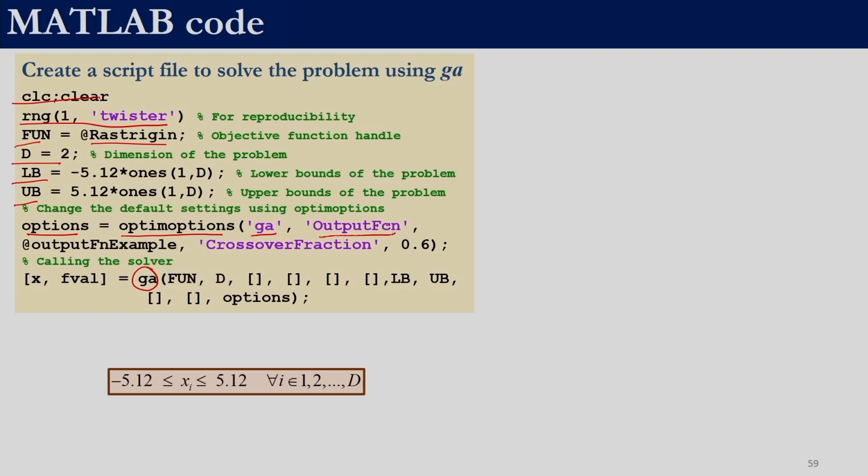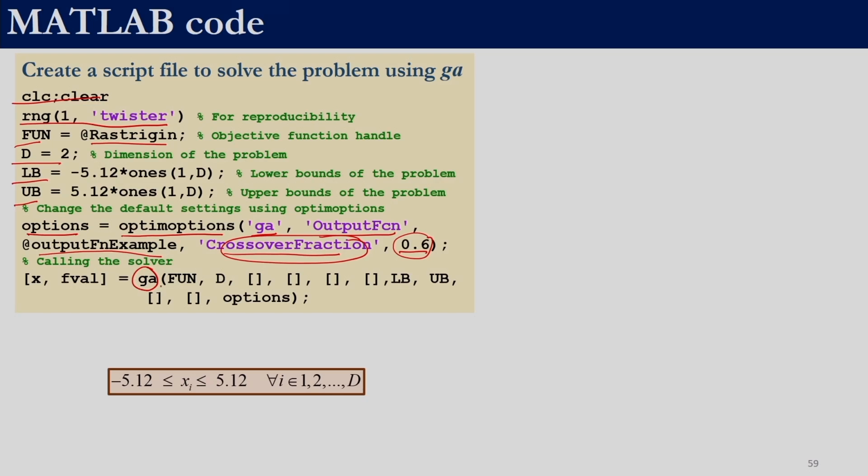This OutputFcn is a keyword, it remains the same, and the file that we want GA to execute at the end of every iteration is this one, which is what we previously wrote, output fn example. Then we are also changing the default crossover fraction to 0.6. Again, this is a keyword, and it has to be a scalar value. So we are providing a value of 0.6.